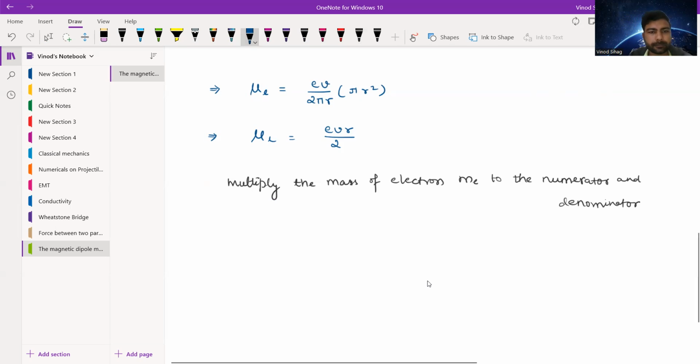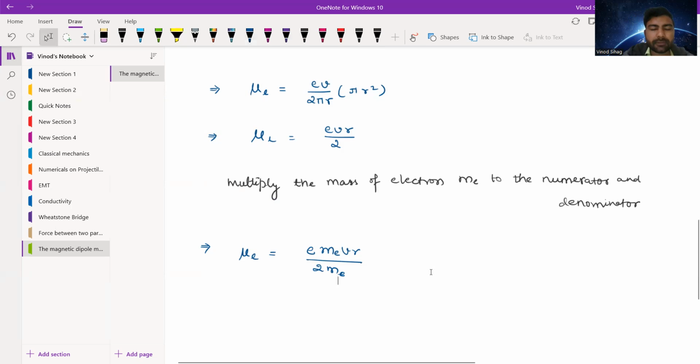Here we will get mu L equals to E into MEVR. Here Me is the mass of the electron, okay? Don't get confused.